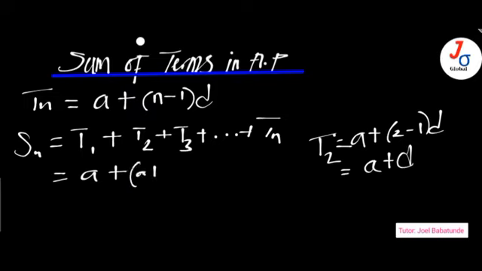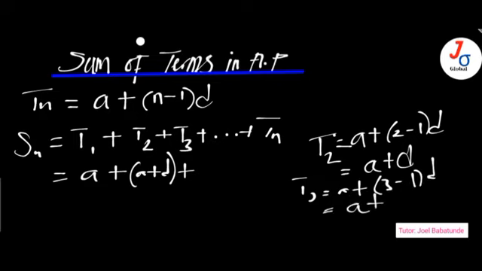Then the third term would be a plus (3 minus 1)d, and that becomes a plus 2d, and so on, up to the nth term. Okay, so that's the sum.